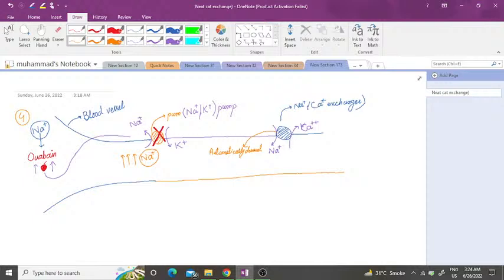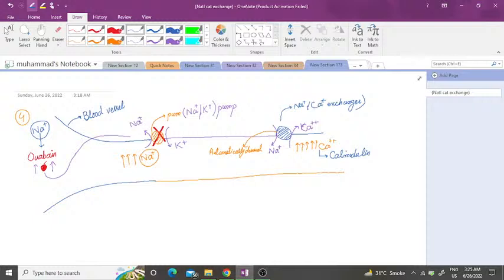In this way, the calcium outflux from the blood vessel will be decreased, so intracellular calcium will be enhanced. When in the blood vessel the calcium is in excess, it will bind with a protein called calmodulin.